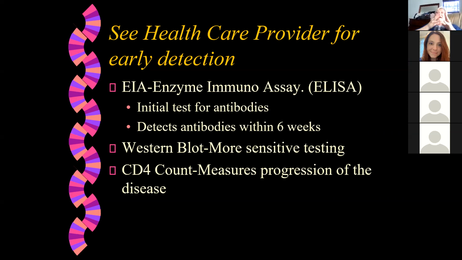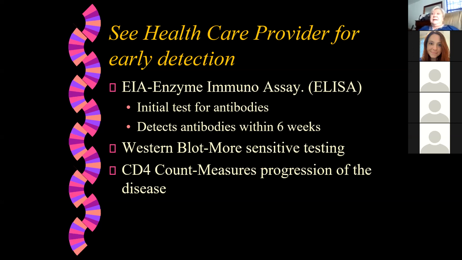It has a high amount of false positives, but very few false negatives. So if the test comes back negative, you're negative. If the test comes back positive, it doesn't mean you have HIV. If your test comes back positive, they will then run what's called a Western blot on you.